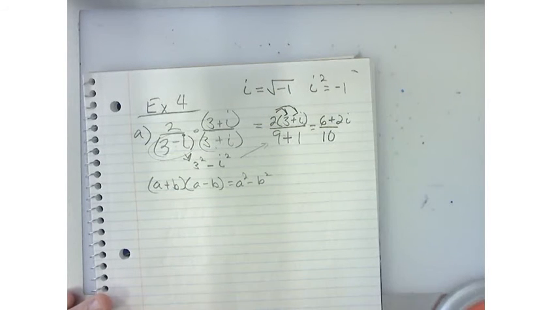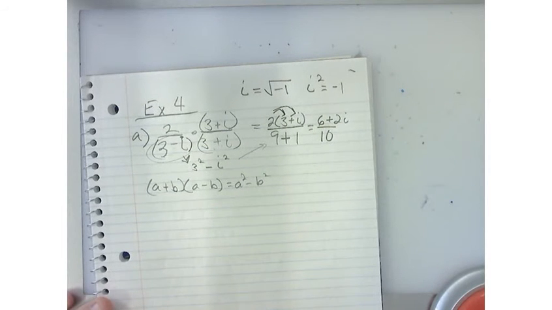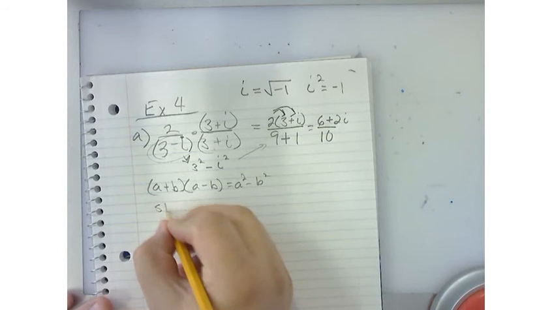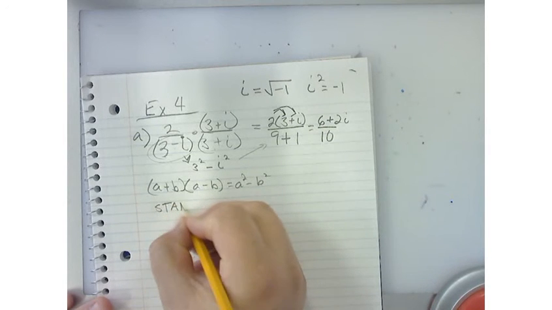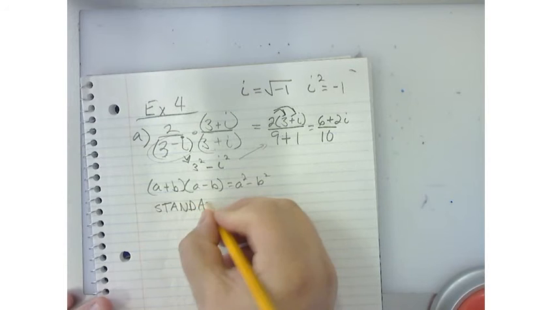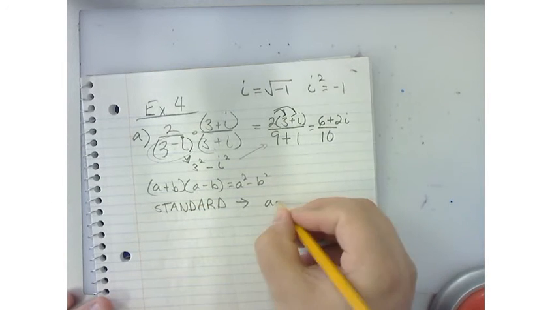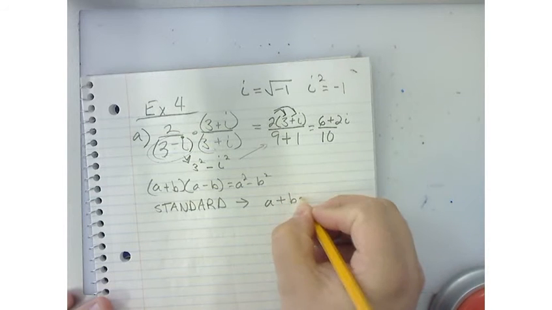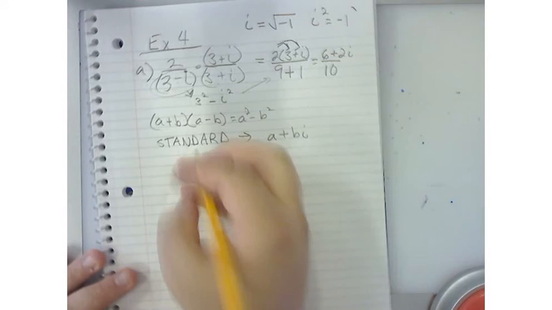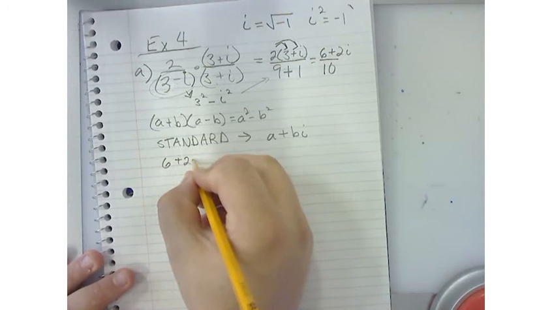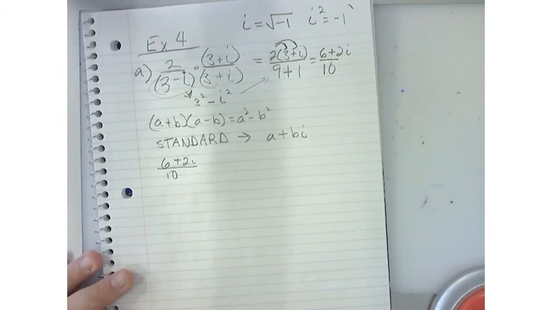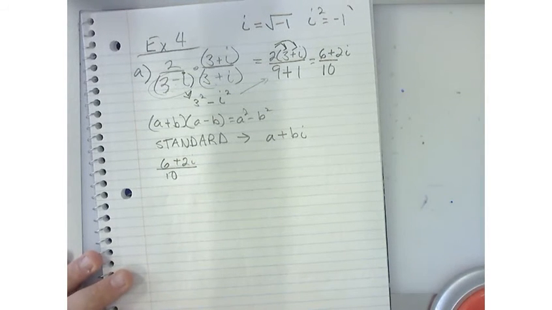You might say, well, that's kind of cool, but it's confusing. And by the way, the textbook said it wanted it in standard form. Standard form for a complex number is a plus bi. So if I have 6 plus 2i all over 10, that's not quite good enough. I need to separate that.